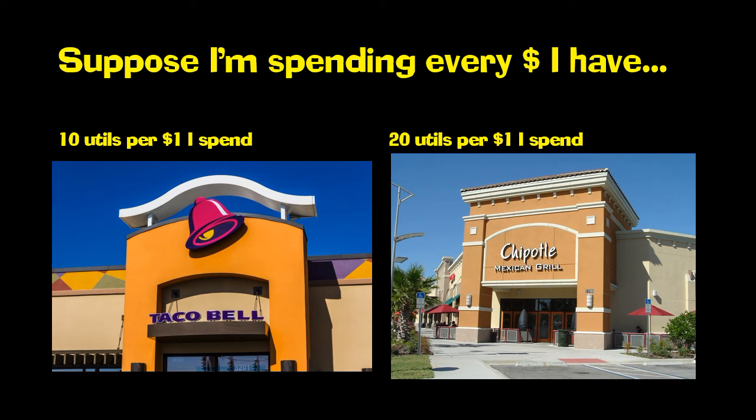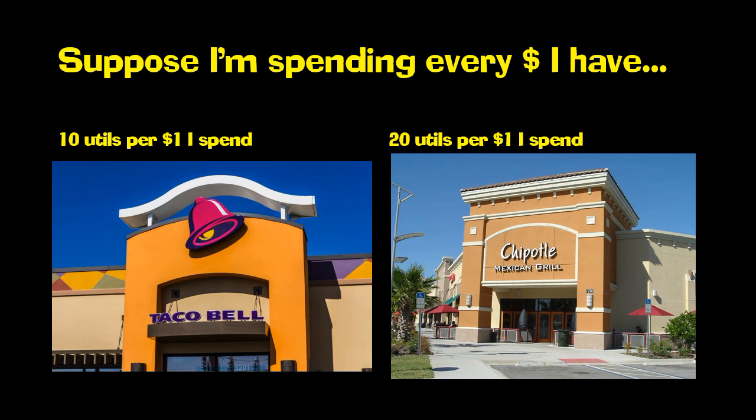But what else happens? As I eat less Taco Bell, the utility I get from going to Taco Bell is going to go up. The marginal utility is going to rise. The marginal utility at Chipotle is going to fall because I'm eating there more often. And eventually they'll find equilibrium. They'll come together. Everybody get this? If I'm enjoying Chipotle more than I enjoy Taco Bell when I go out, I should go to Taco Bell less and go to Chipotle more.